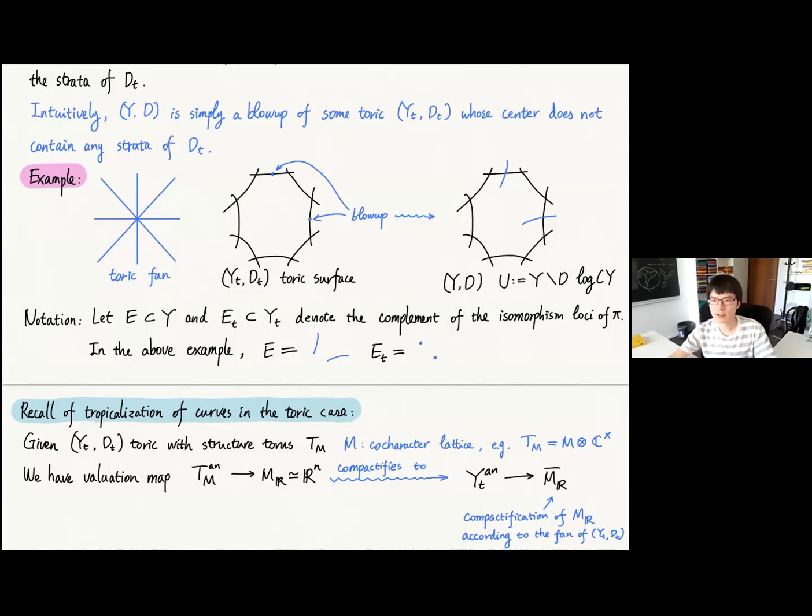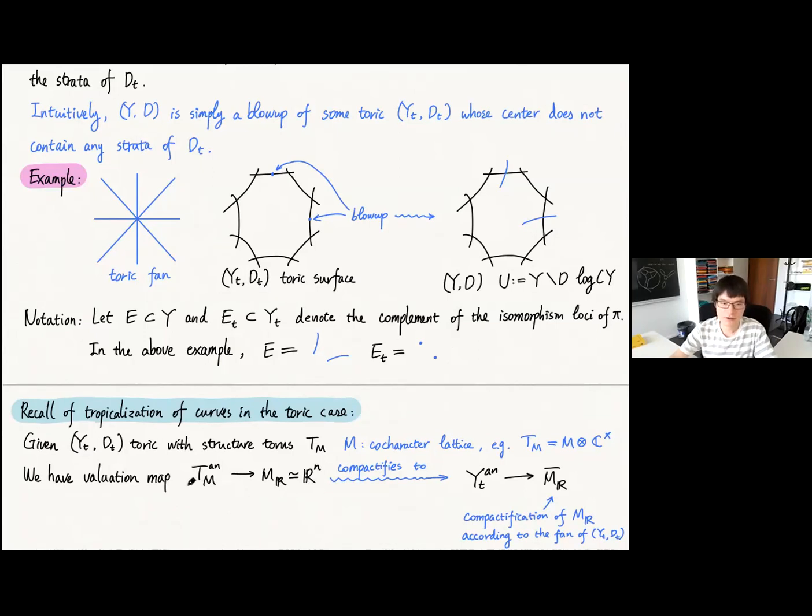For example, if our base field is complex numbers, then the torus T_M is just M tensor with C star. We have the valuation map from the analytification of the structure torus T_M to M_R, M tensor with R, which is isomorphic to R^n.